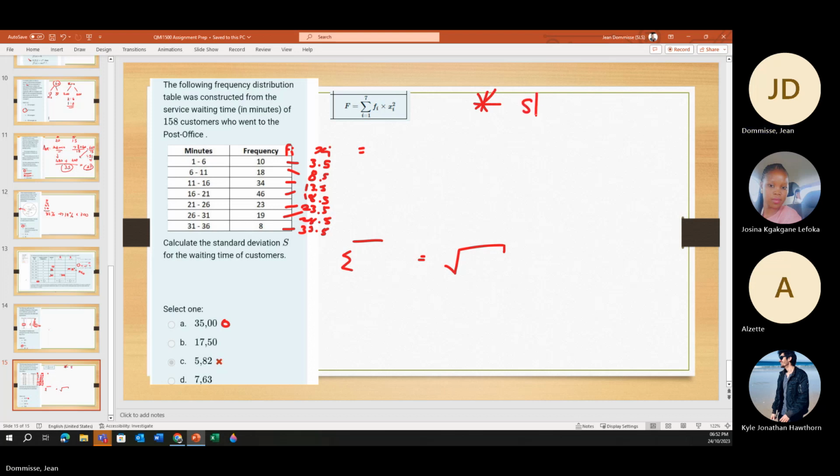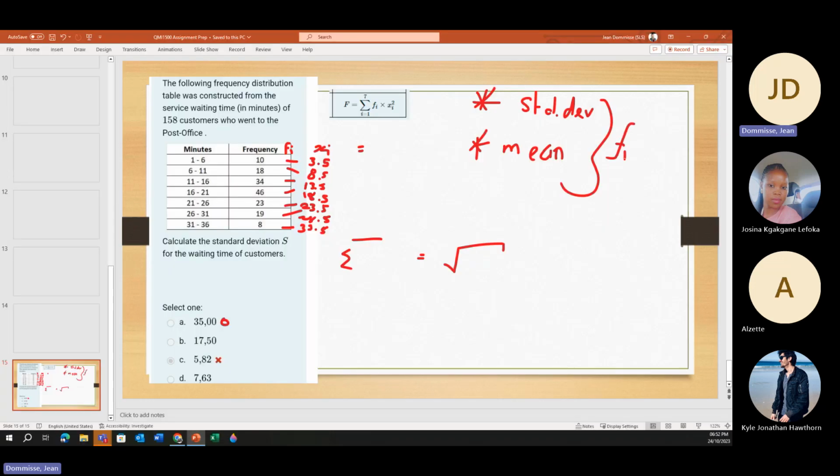I can't remember that we did something like this for frequency tables.